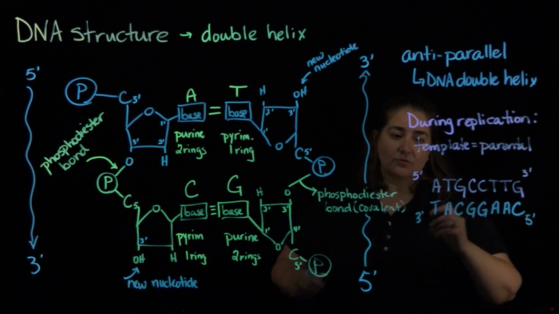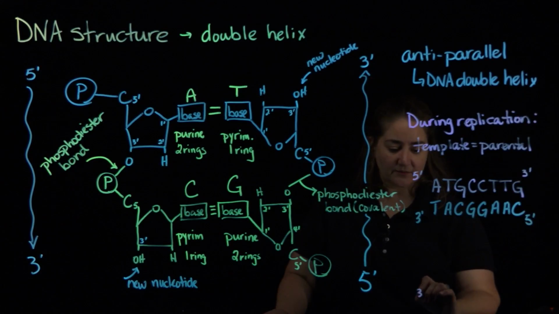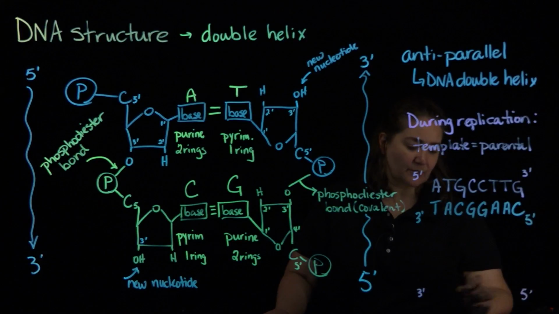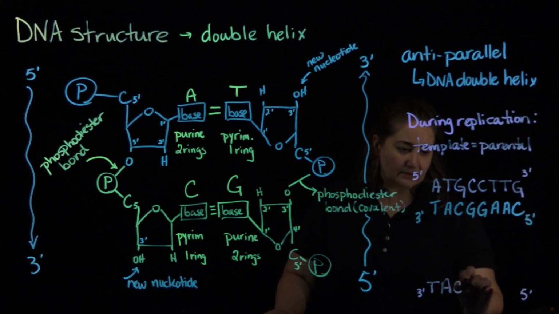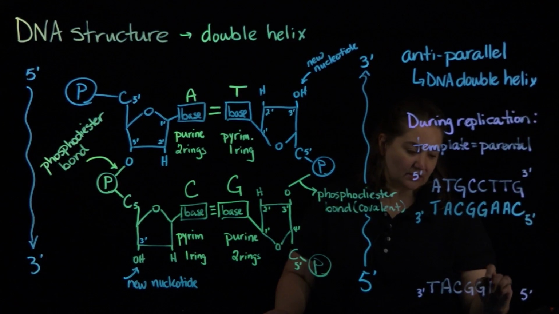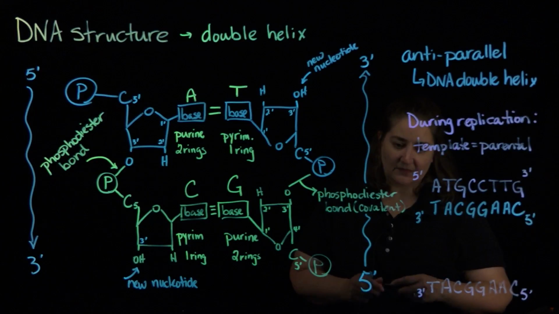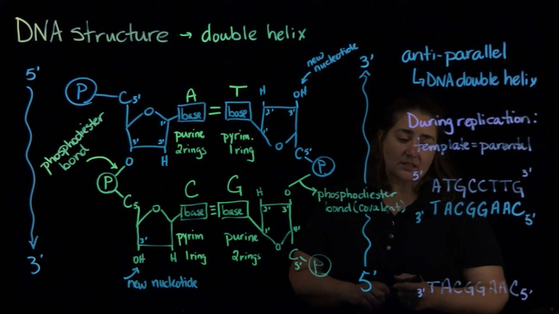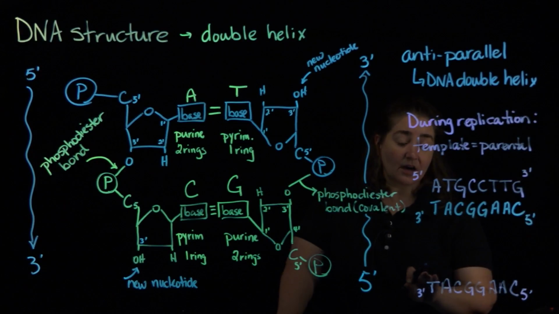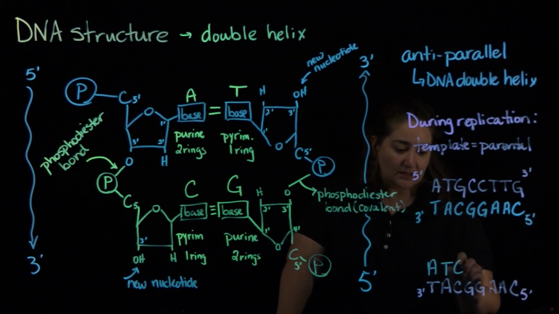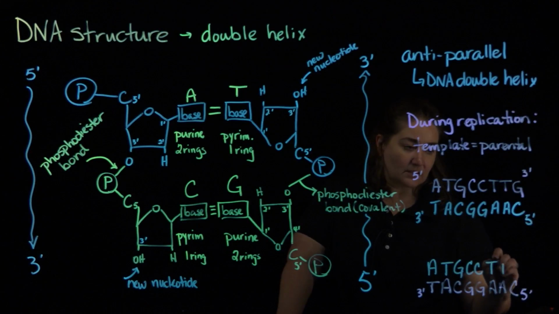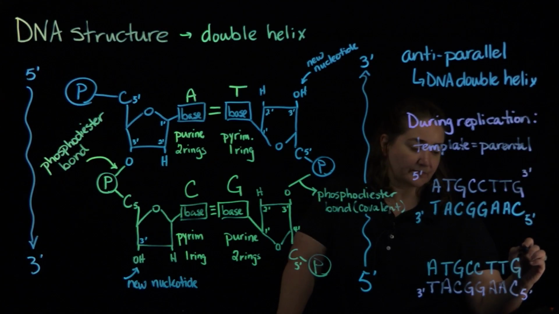And our other strand, when it ran 3' to 5' here, was T, A, C, G, G, A, A, C. Those enzymes are going to fill in the complementary strand to this one, which would be ATG, CC, TTG.